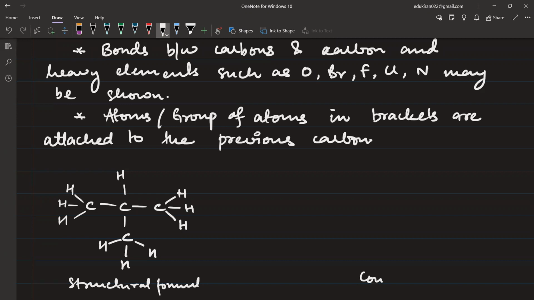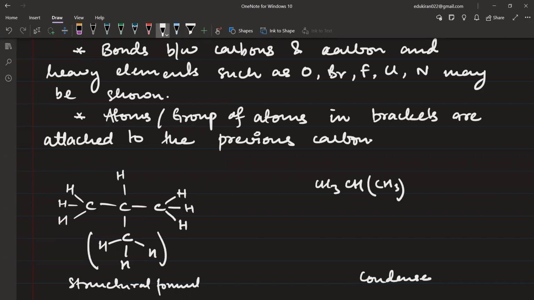I have to write the condensed formula. So there are 2 options for how you are going to write this. First thing is that we are not going to show the hydrogens. We have CH3, then next you have CH, and now this CH3 is branching out from this carbon atom. So I will write this CH3 in brackets.